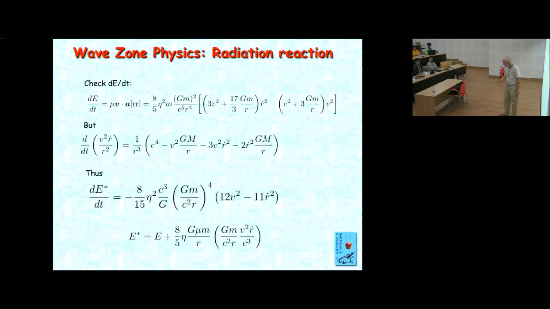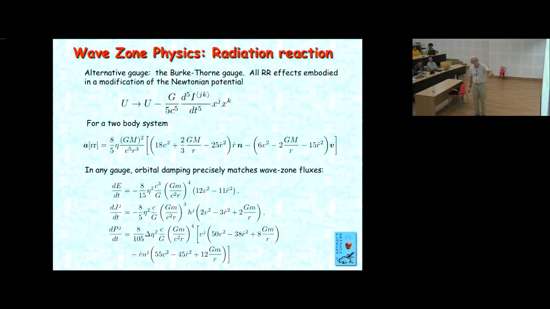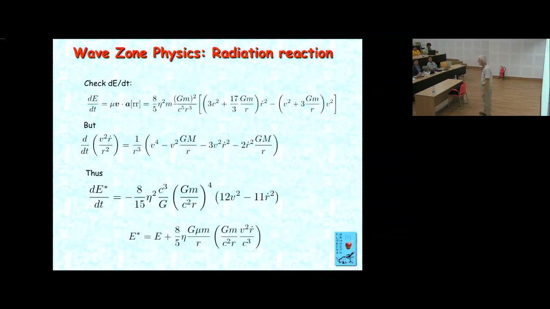And let me just illustrate this with one example. So here, we take V dotted into our radiation reaction potential. This is for the Damour-Deruelle gauge. Okay, so dE/dt is mu, the reduced mass, times V dot A, and there it is. That doesn't quite look like what we had over here. But then we have to appreciate that, once again, energy is not precisely defined.